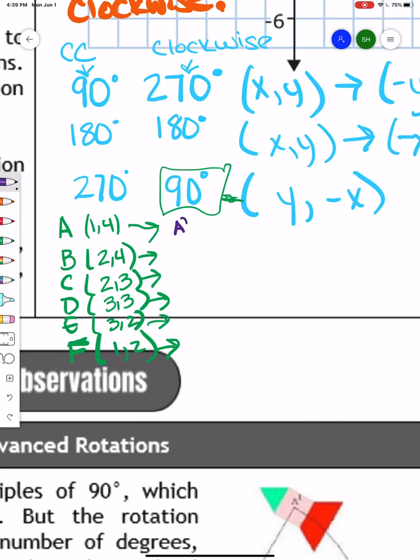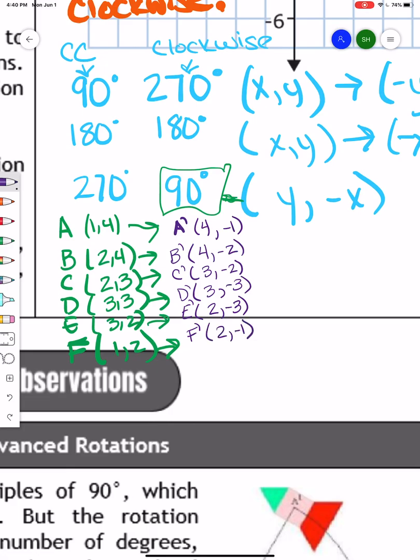A prime will be 4, -1. B prime would be 4, -2. C prime will be 3, -2. D prime will be 3, -3. E prime will be 2, -3. And F prime will be 2, -1.